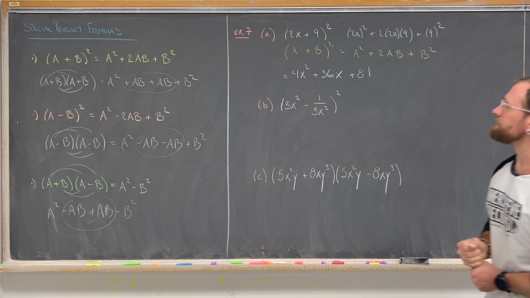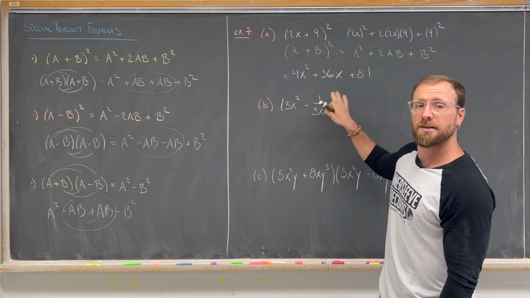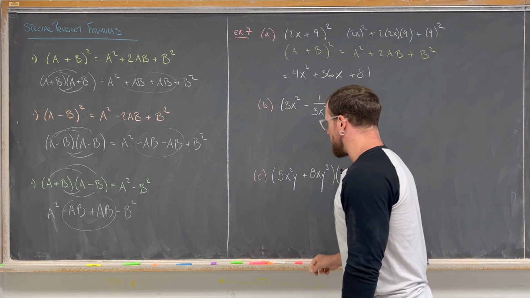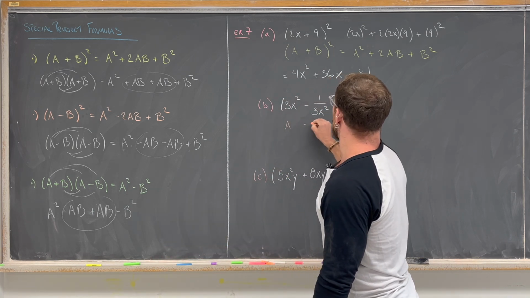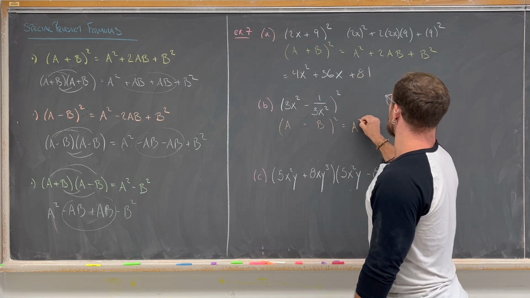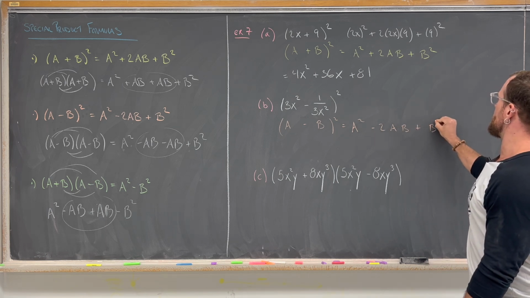And that's it. Okay. For this one, this is a difference being squared. This is another perfect square. It's the difference squared. And we have a formula for this. It looks like a minus b squared is a squared minus 2ab plus b squared.